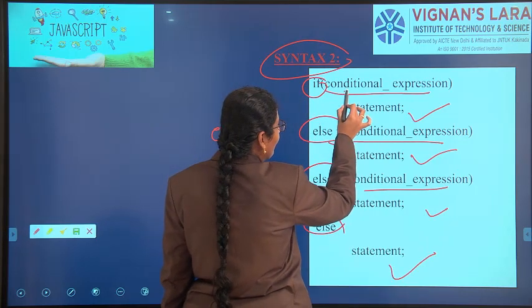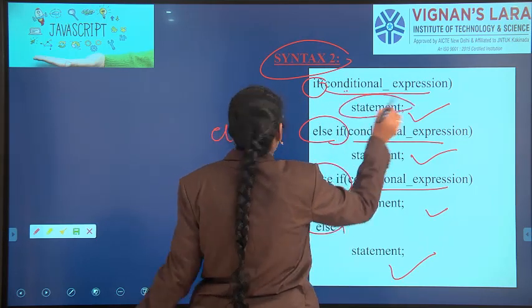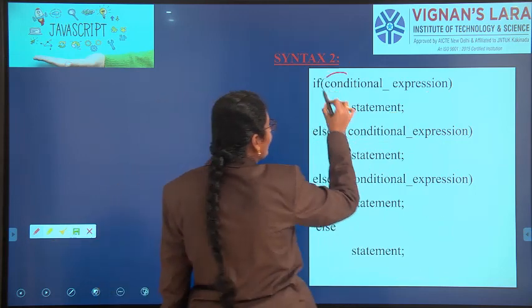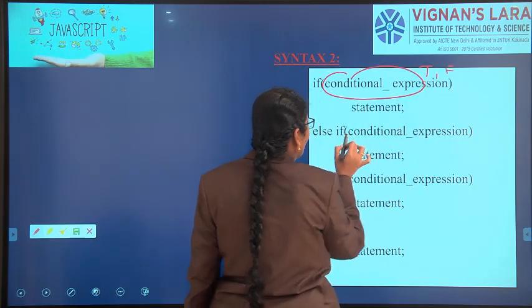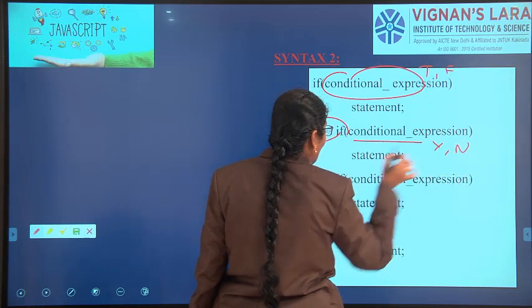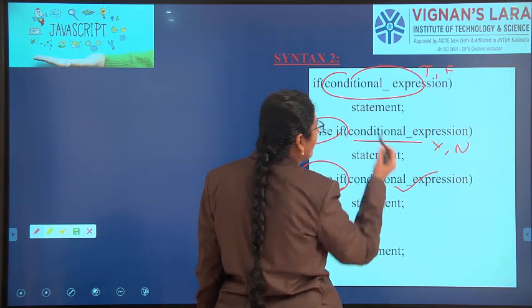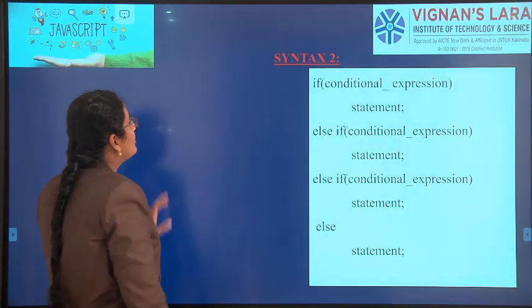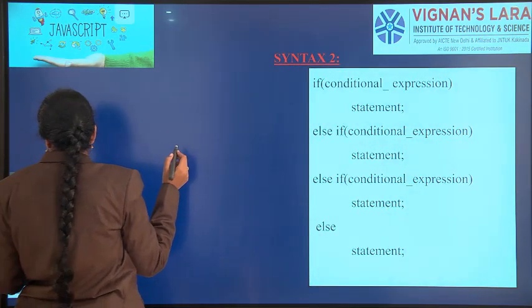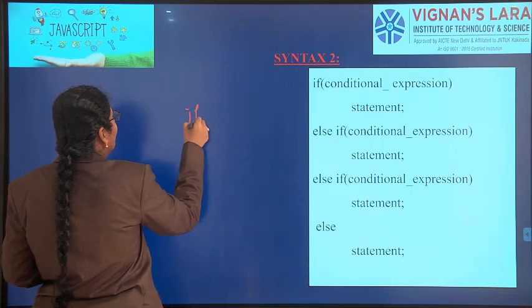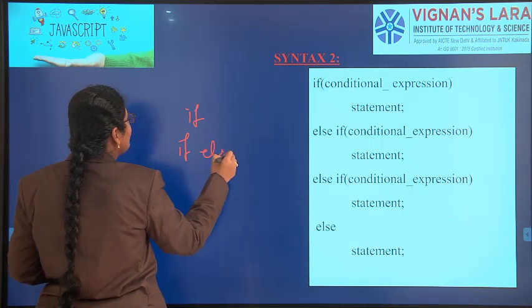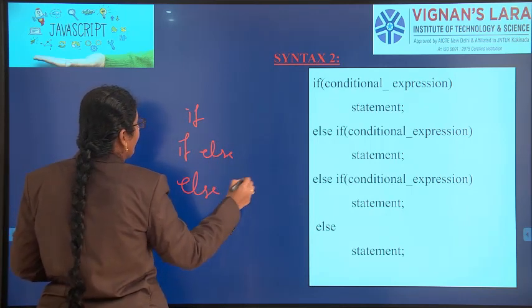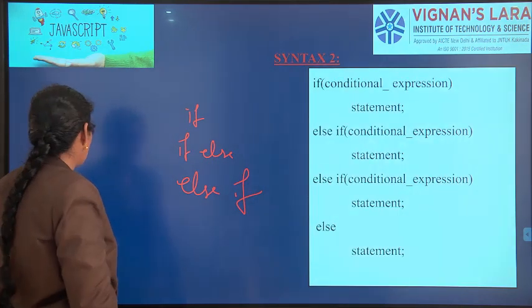If this condition is yes or no, true or false, will work or not, at every stage you have to print some statements. So for if else and else if, you have seen the syntaxes till now.